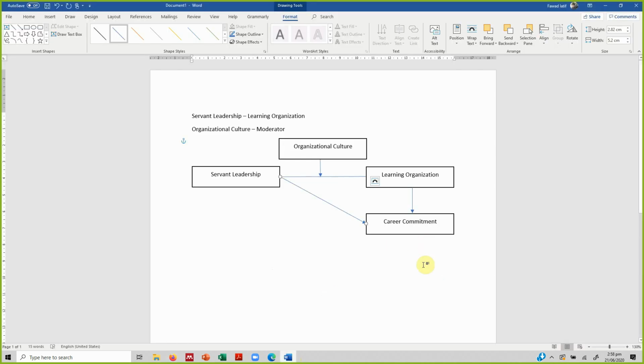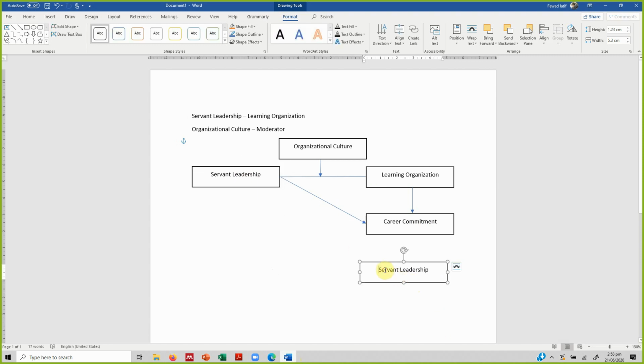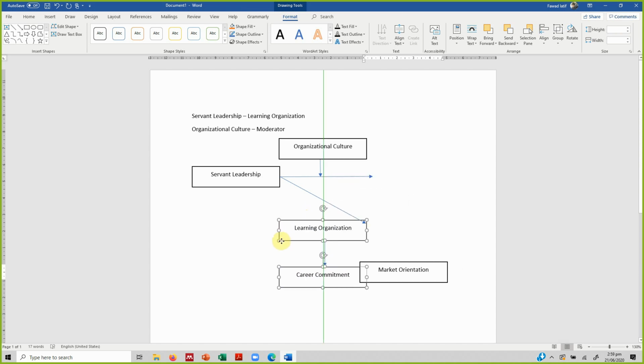So let's take this. Let's put organizational learning in. Sorry, market orientation. And market orientation has been taken as an outcome variable in a number of studies. So this is a particularly important variable.